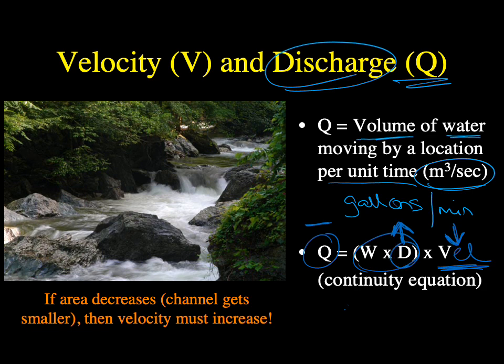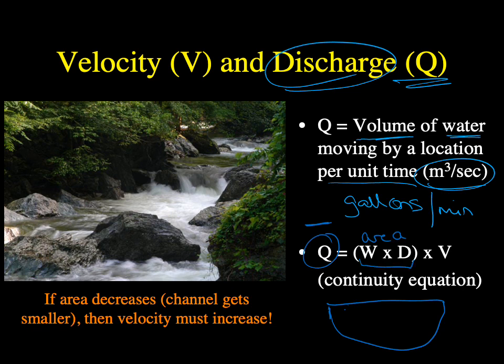So if you increase the depth, if you deepen the river, it will slow down. The other way works just as well, and we see this happening in a lot of the rivers around Boone. If you take a river and it has a certain width and a certain depth, remember, by the way, this is equal to area. Width times depth is equal to the area.